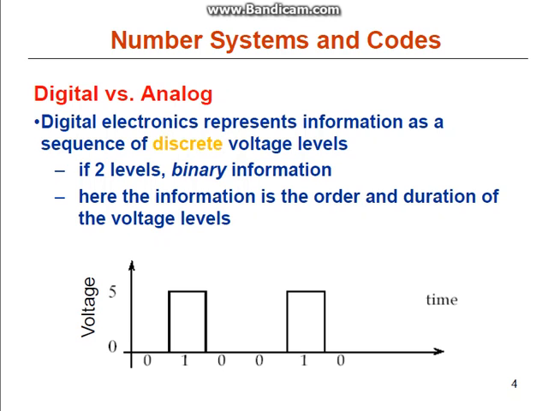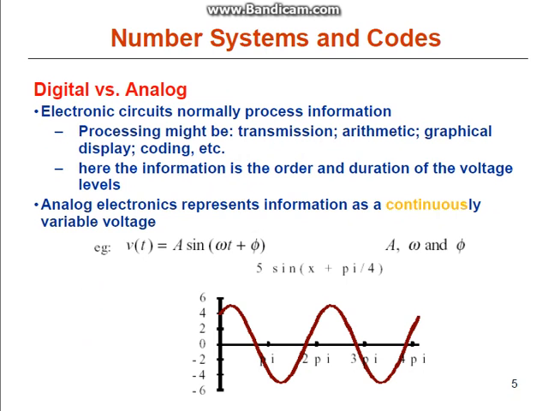On the other hand, if you look at electronic circuits processing information, I think there's some information here that you can definitely read on your own. I want to emphasize this analog part here. What sets it apart from digital is that the information is expressed as, this is the term we use, continuous.